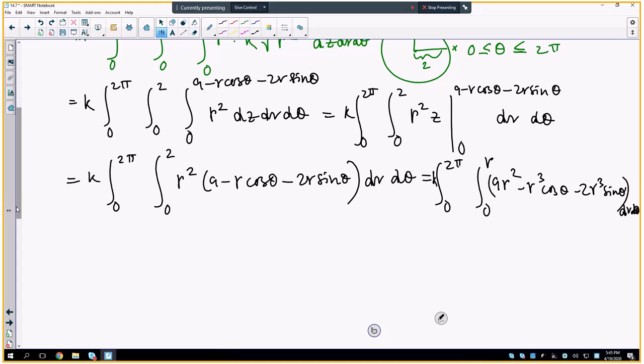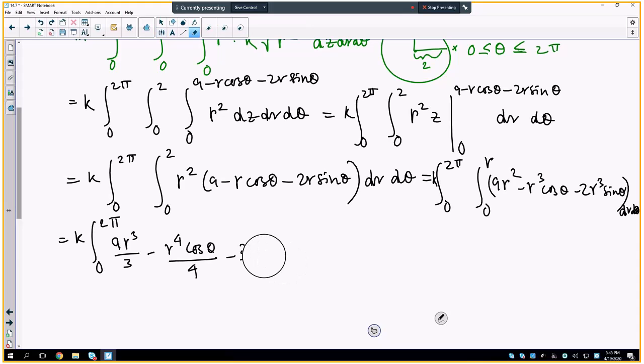So I get k times the integral 0 to 2 pi. Let's do the integration with respect to r. You get 9r to the power 3 over 3 minus r to the power 4 cosine theta over 4 minus 2r to the power 4 over 4 sine theta, and d theta after I plug in the limits 0 to 2.